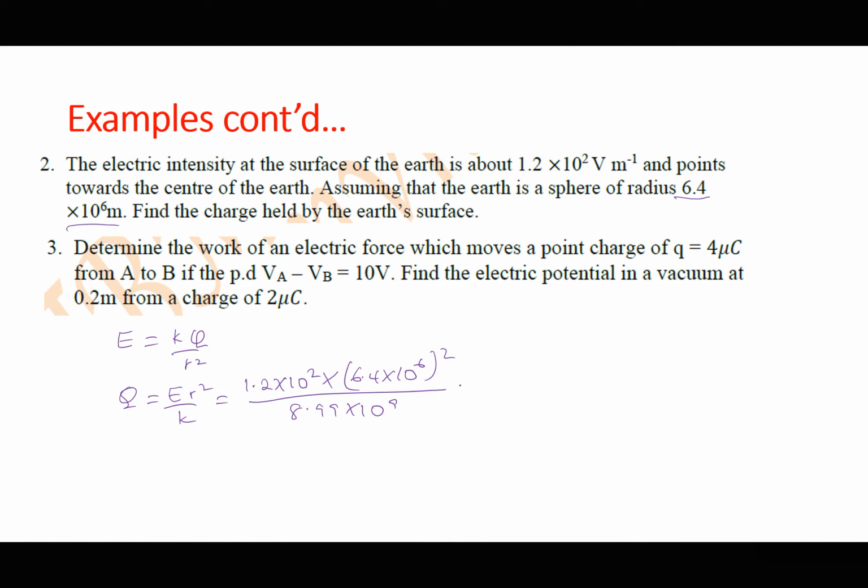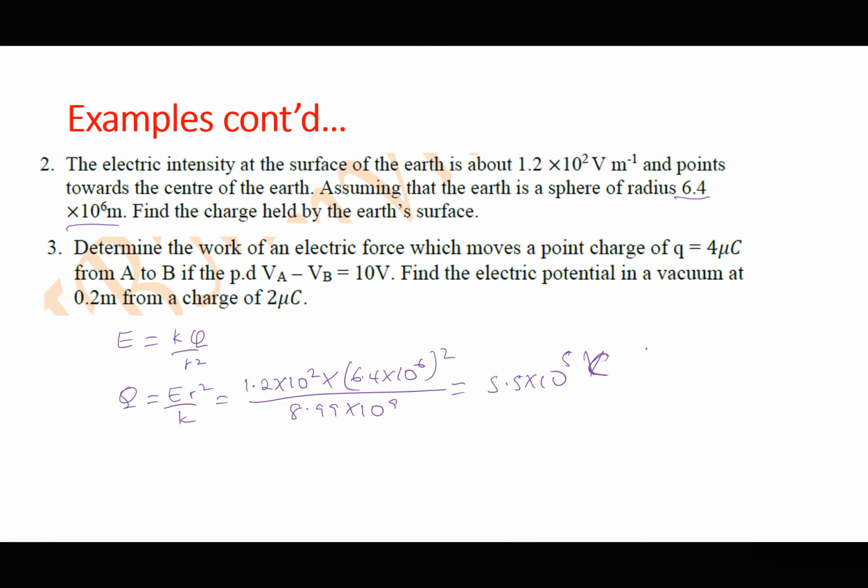So this gives us 5.5 times 10 power 5 coulombs. So the charge held by the Earth's surface is 5.5 times 10 power 5 coulombs.